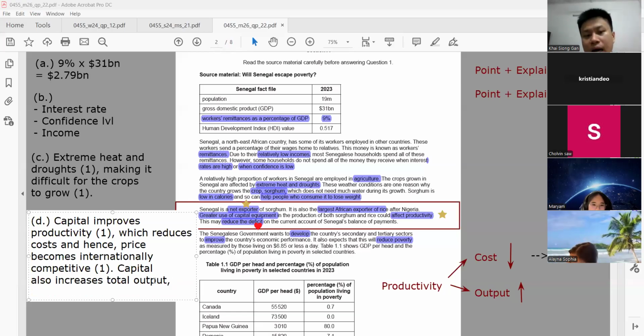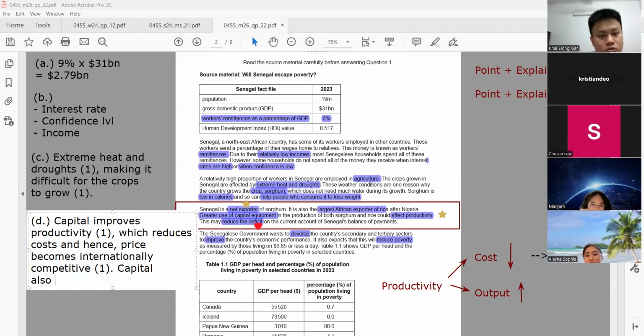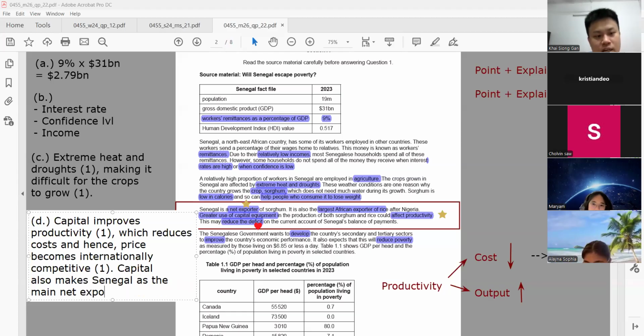So I want to talk about the net exporter. Okay, I change a bit. Capital also makes Senegal the main net exporter of sorghum.